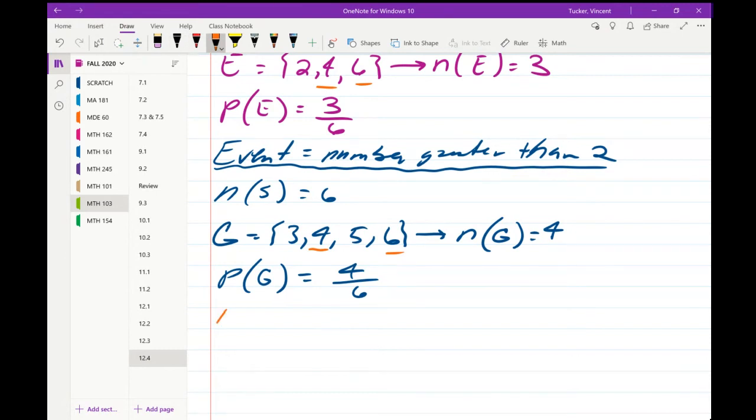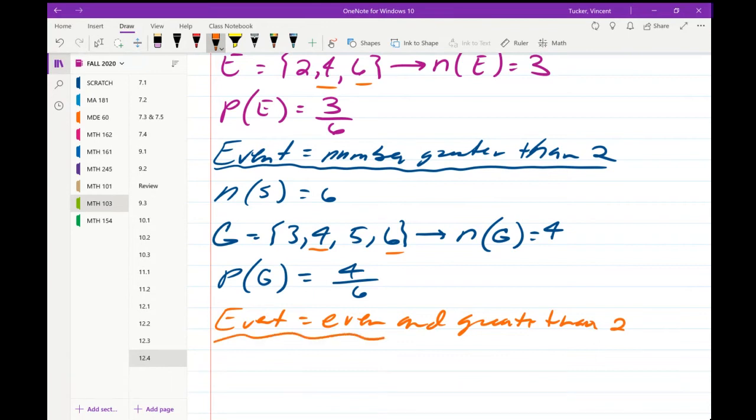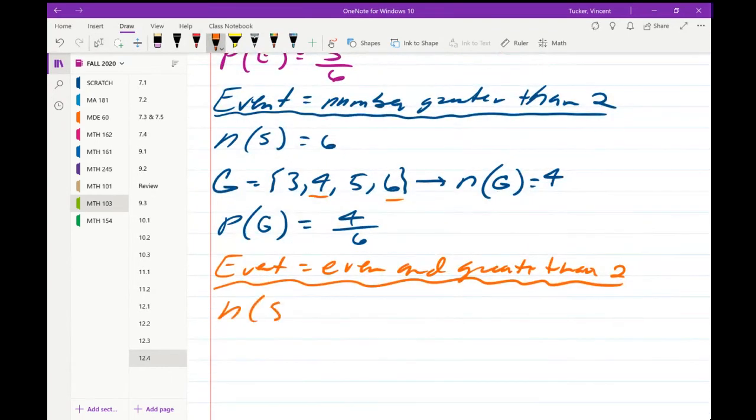So looking at the event of being even and greater than 2. Sample space once again is 6.